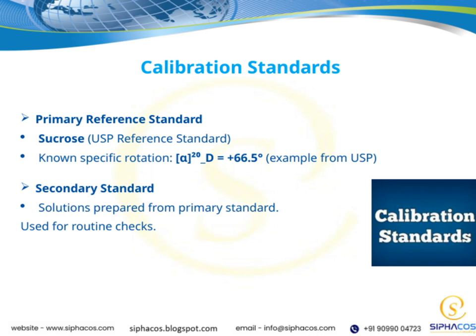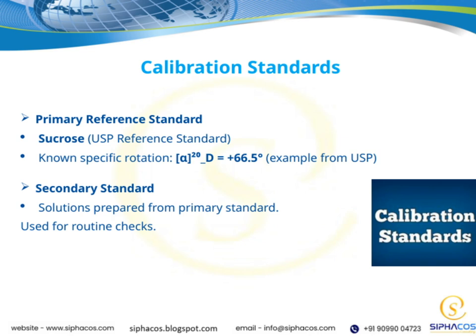Next, we have the secondary standard. These are solutions prepared from the primary standard. Think of them as intermediates that make routine checks more practical. Instead of always using the primary standard directly, we prepare these secondary standards to verify that our instruments are functioning correctly over time. They help ensure consistency and accuracy in our measurements without the need to handle the primary standard repeatedly.